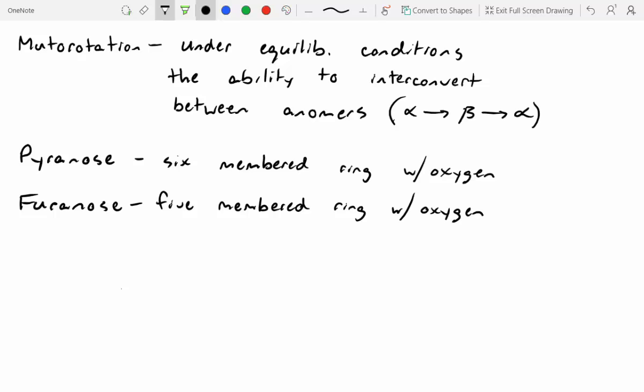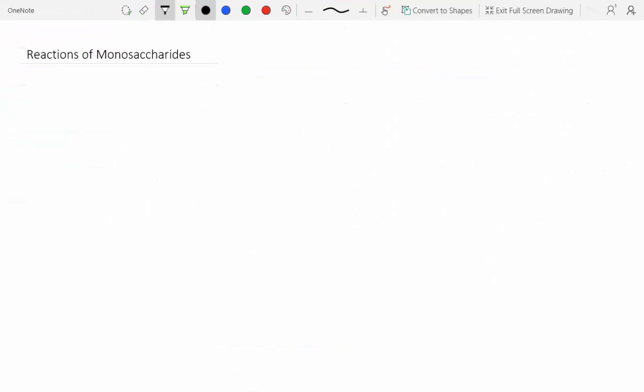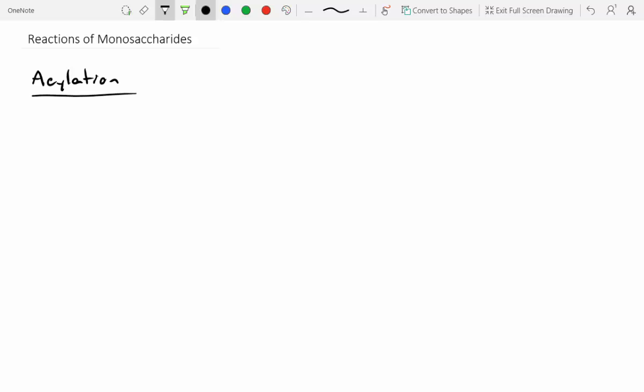All right, so let's talk a little bit about reactivity. We won't get very far into it today. First thing I want to talk about is reactions of monosaccharides, meaning one sugar molecule, not a sugar polymer. First one's pretty straightforward. It's acylation. So let's say I've got a molecule of D-glucose, specifically beta D-glucose.